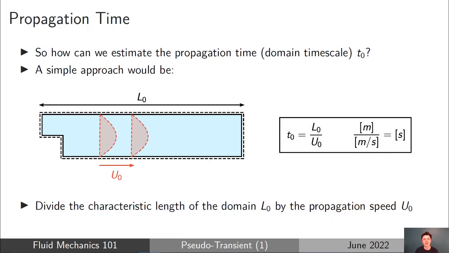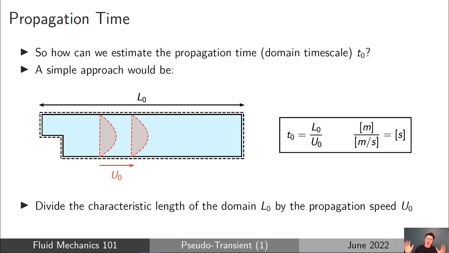Well, if we just think of from dimensional analysis, we want to get a time, and an easy way to calculate it would be to take some characteristic length of the CFD domain itself. So not the cells in the mesh.